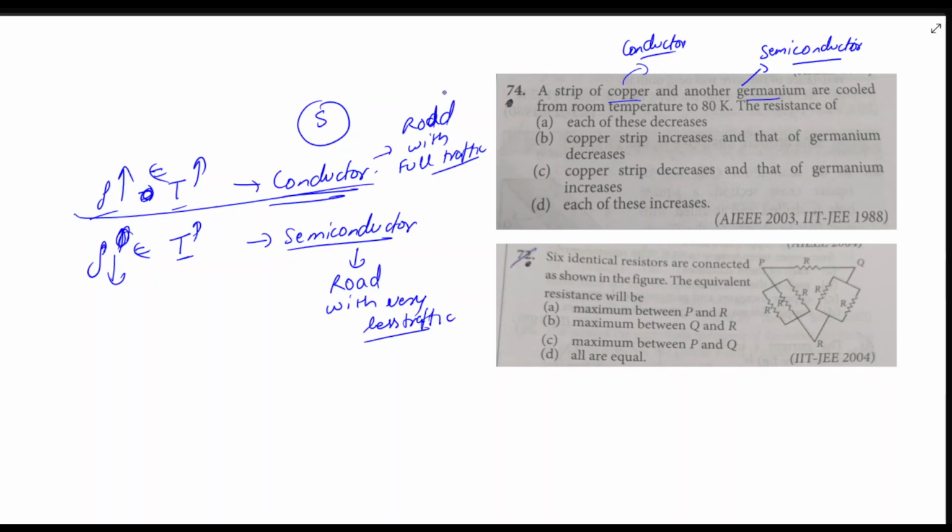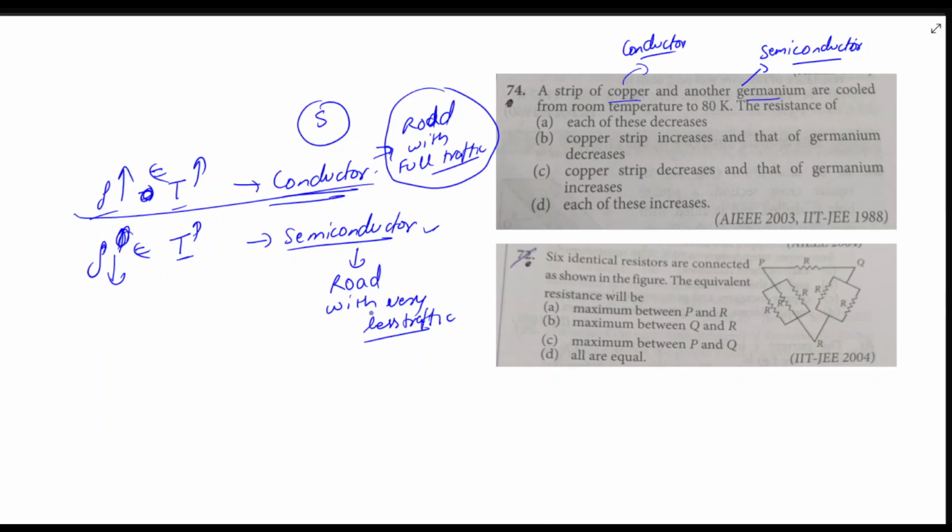What happens if you increase the energy? You take a car and give it energy. It will collide with the car in front of it, and that car will collide with another, and this will cause chaos. Hence resistivity will increase.